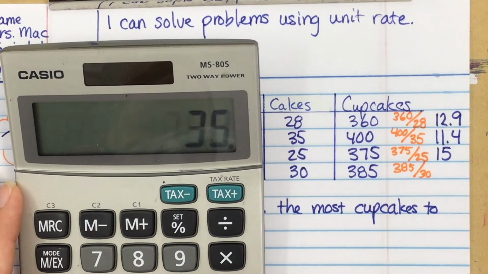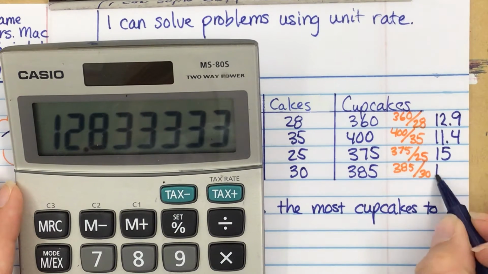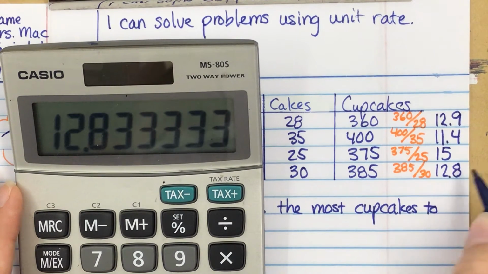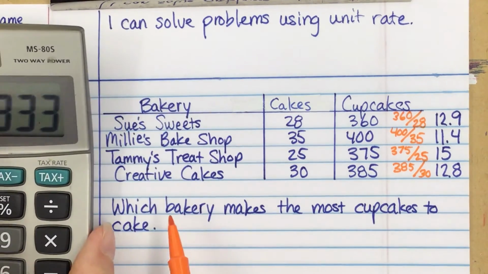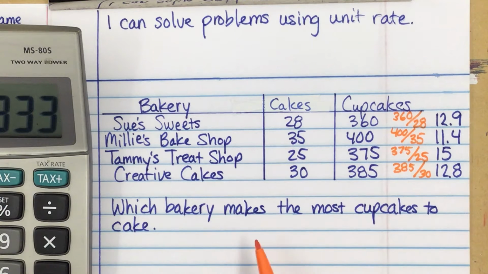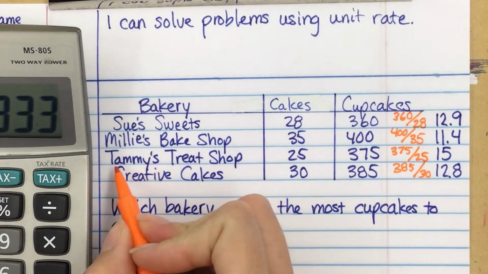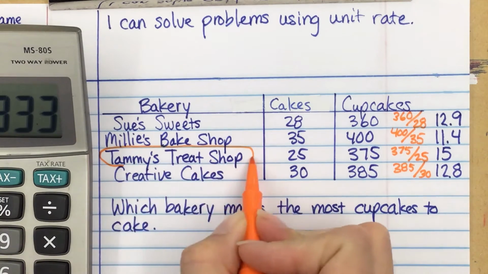And then 385 divided by 30 will be 12.8. So the bakery that has the most cupcakes to cakes is the one that has a unit rate of 15. That is Tammy's Treat Shop.